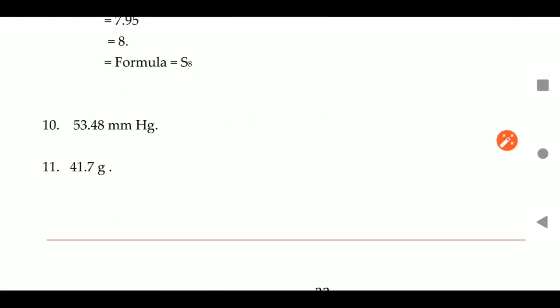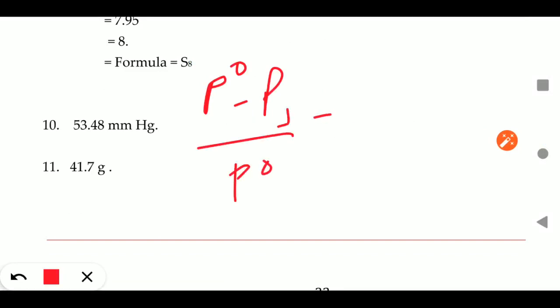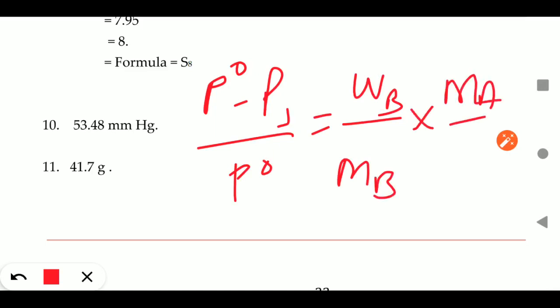So only direct answer is there. So how will you do? Again, I am writing the formula. P naught minus Ps upon P naught is equal to WB upon MB into MA upon WA. So students, vapor pressure of pure water is given to you.